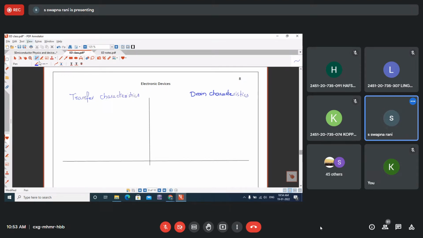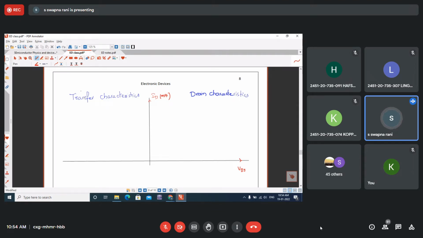The y-axis is ID, in milliamperes. So drain current versus drain source voltage. The curves drawn between drain current and drain source voltage are called drain characteristics.